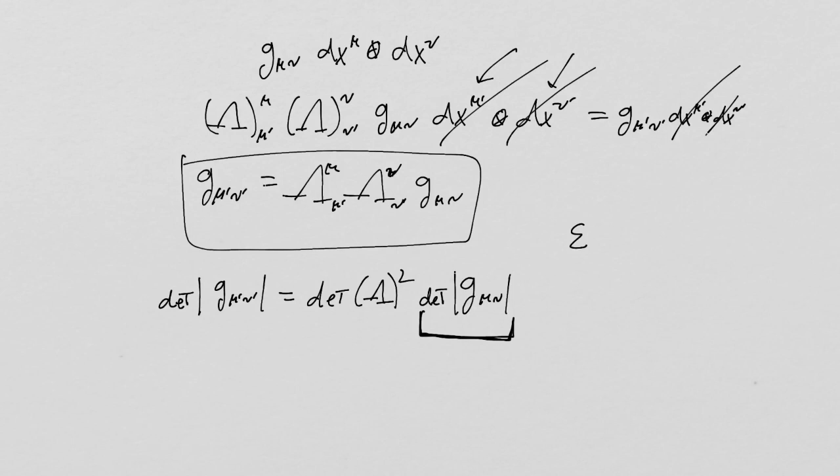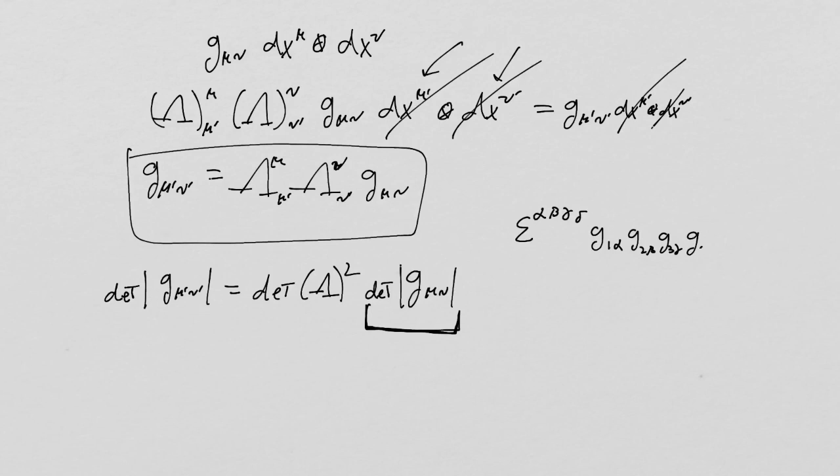It's defined as epsilon alpha beta gamma delta, G1 alpha, G2 beta, G3 gamma, G4 delta.